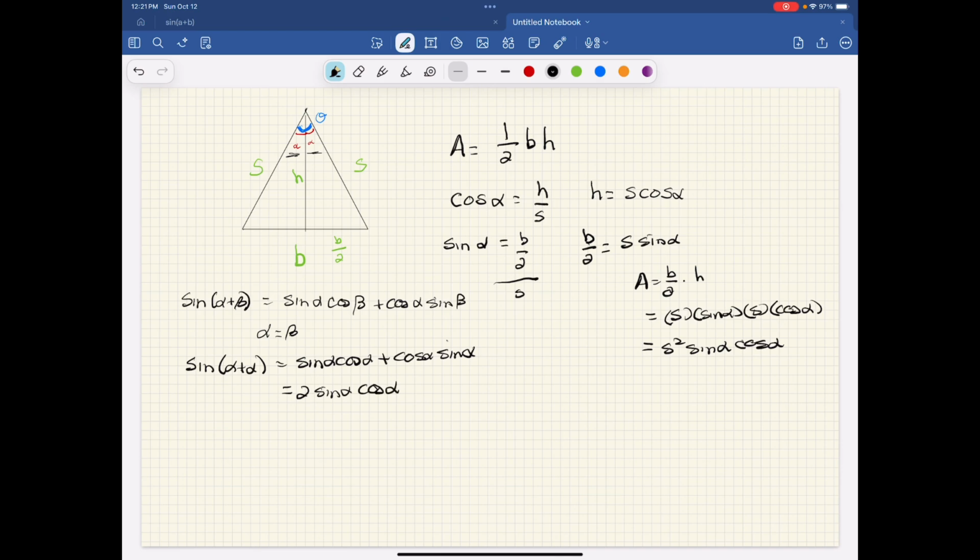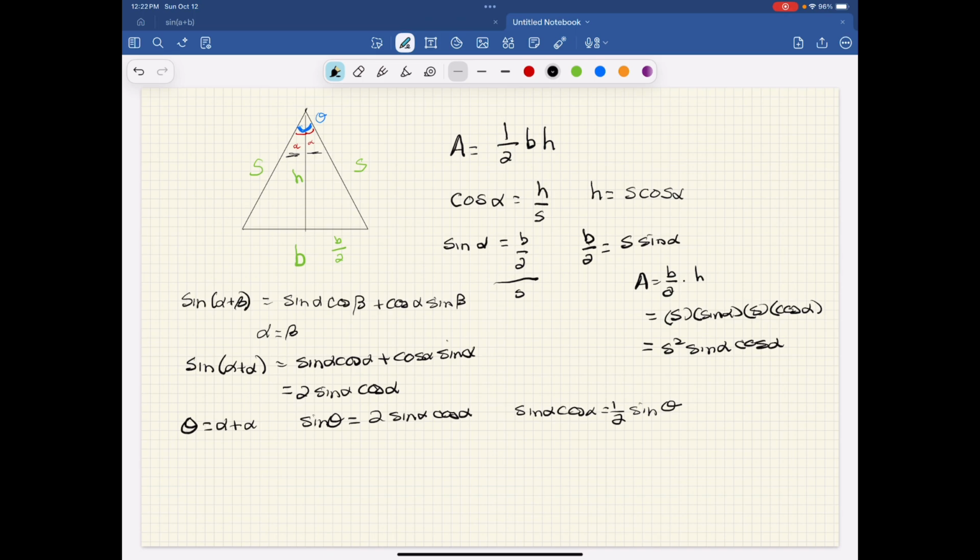But we're going to notice that theta here equals alpha plus alpha, so that the sine of theta equals 2 sine alpha cosine alpha, and that therefore sine alpha cosine alpha equals 1/2 the sine of theta.